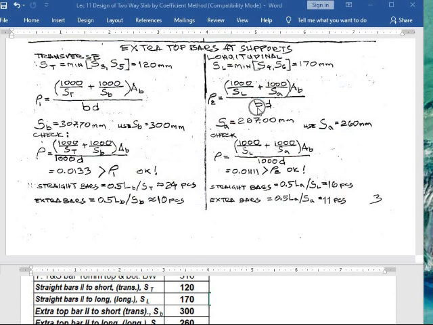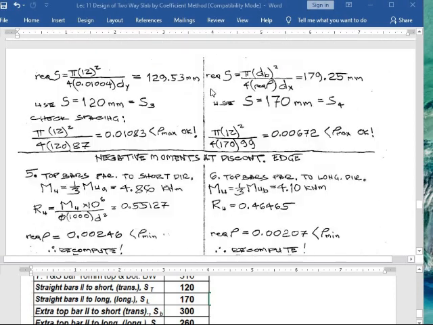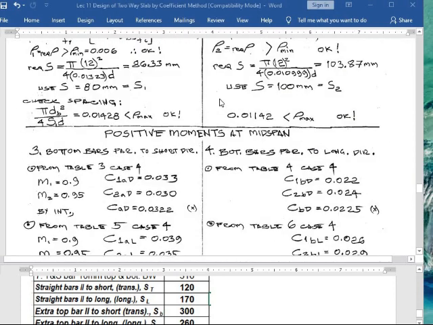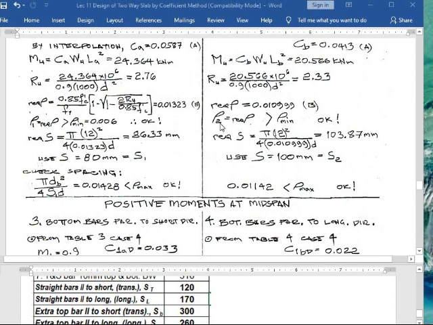Your B is 1,000, constant at 1,000. And D is 99. And rho 2, we get from bar number 2, here.